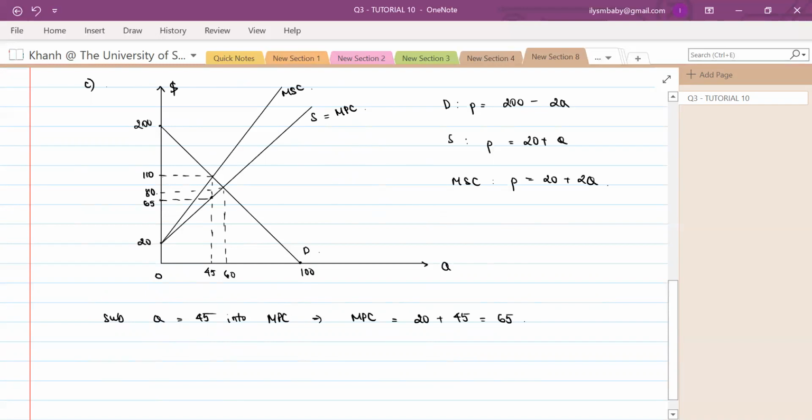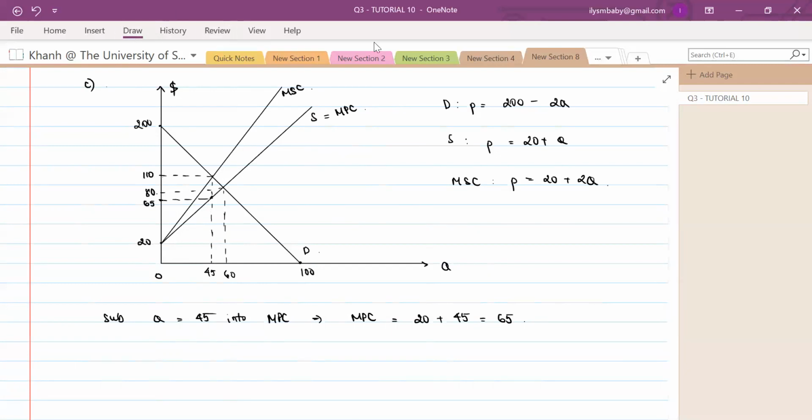So over here is 65. If I can impose a tax equal to the difference between the marginal social cost and the marginal private cost at this quantity 45, then that is going to solve my problem.